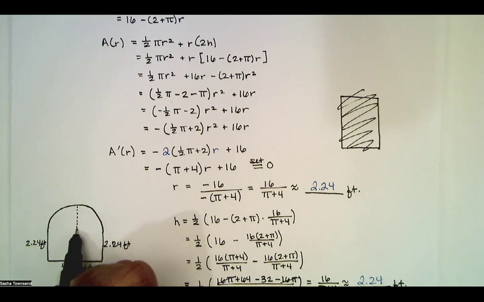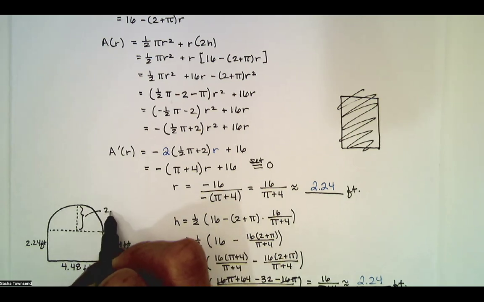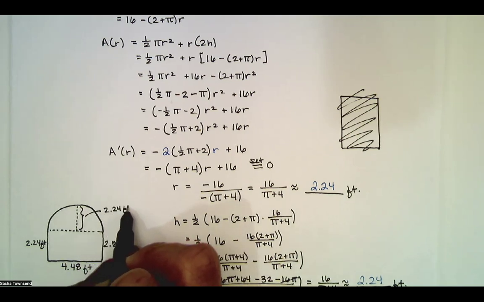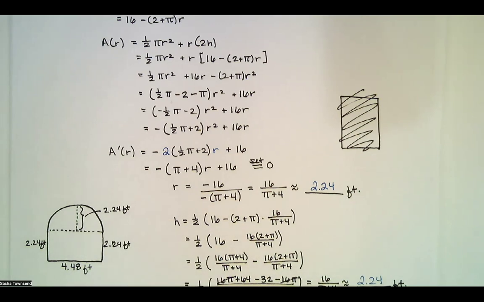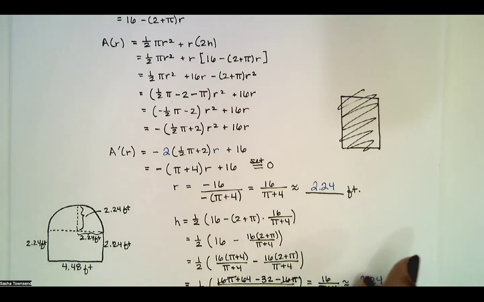And this dimension from here to here is supposed to be 2.24 feet as well. So those are the dimensions. It's 2.24 feet here and here. It's 2.24 feet to the top. That's a circle. This is 2.24 feet. And then this dimension is 4.48 feet.